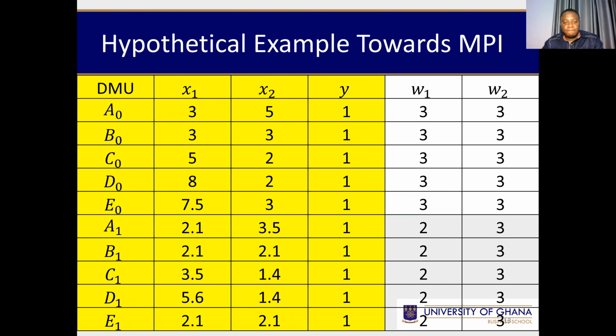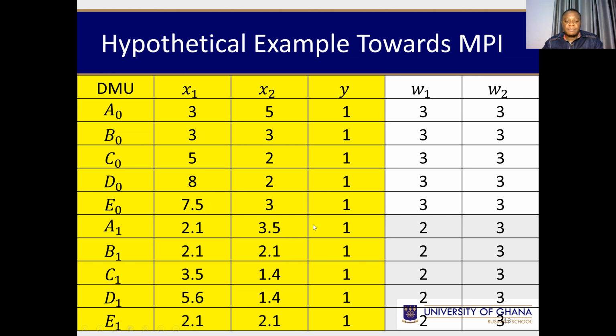Then for input 2, we have 3.5 lambda A1 plus 2.1 lambda B1 plus 1.4 lambda C1 plus 1.4 lambda D1 plus 2.1 lambda E1, which is less than or equal to 2.1 theta.